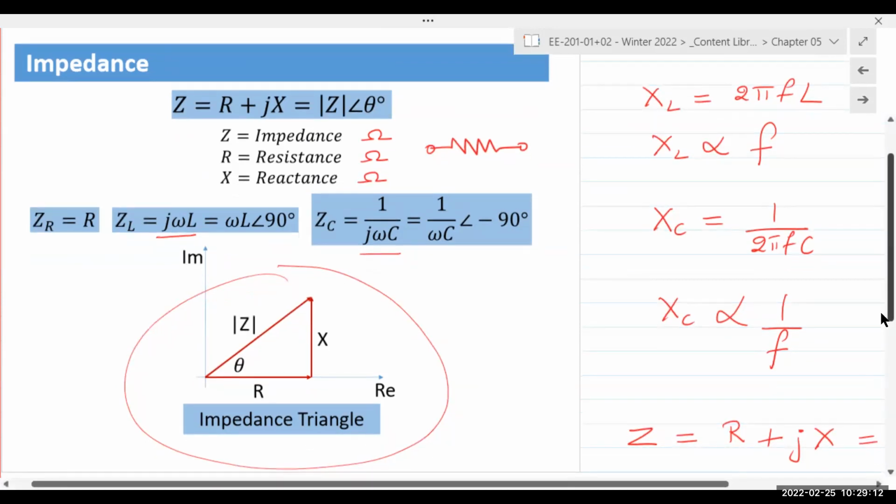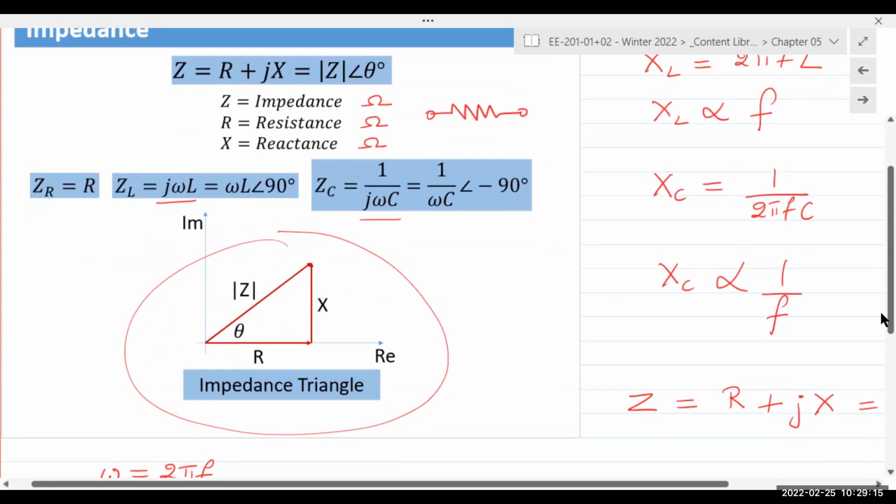Those are rectangular coordinates. If I wanted to write the polar coordinates, it would simply become omega L with the angle of plus 90, and here it would become 1 over omega C with the angle of minus 90. I will talk about how those phase angles come into play. All right, any questions before we get into the angles?